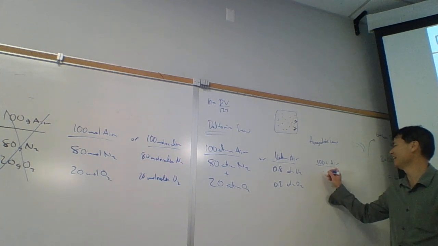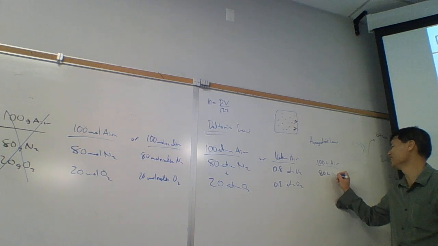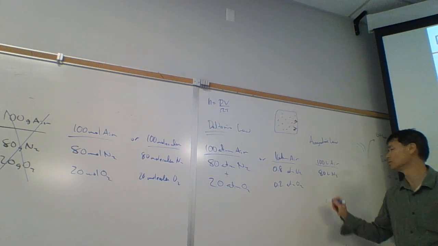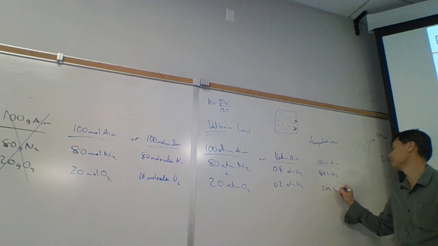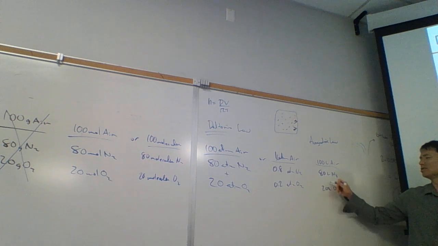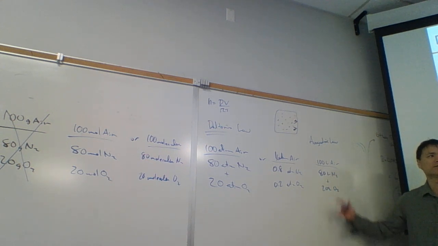Turns out, yeah, I'd have 80 liters of nitrogen. And how many liters of oxygen would I have? 20. And so what Avogadro's law says is that 20 liters of oxygen plus 80 liters of nitrogen gives us 100 liters of air.